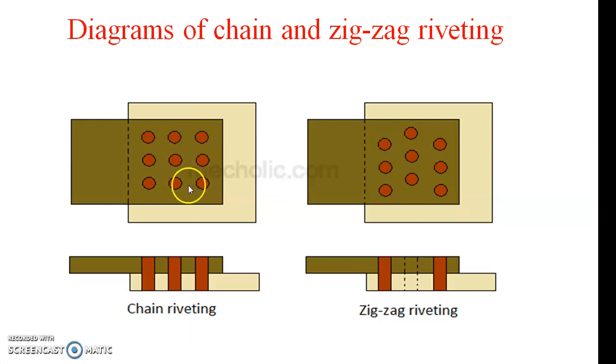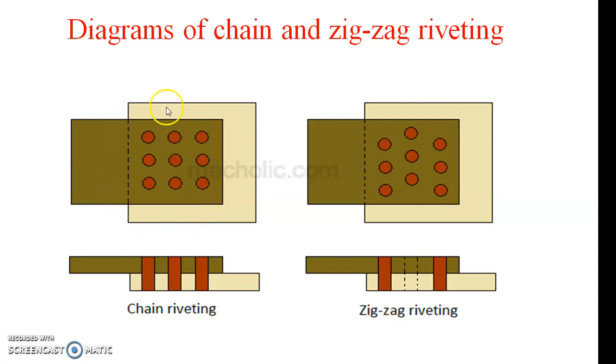How would you know? See, there are 3 rows and 9 holes, and the parallel holes, like this and this and this, have the same center line.